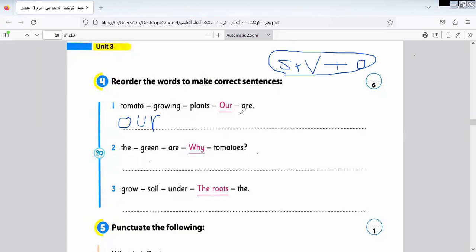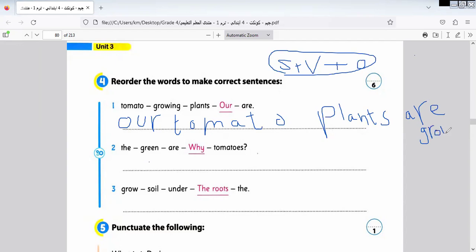Our tomato plants are growing. Our tomato plants, our tomato plants are growing. I will answer 2 of them and I will leave the rest for you to do by yourself.